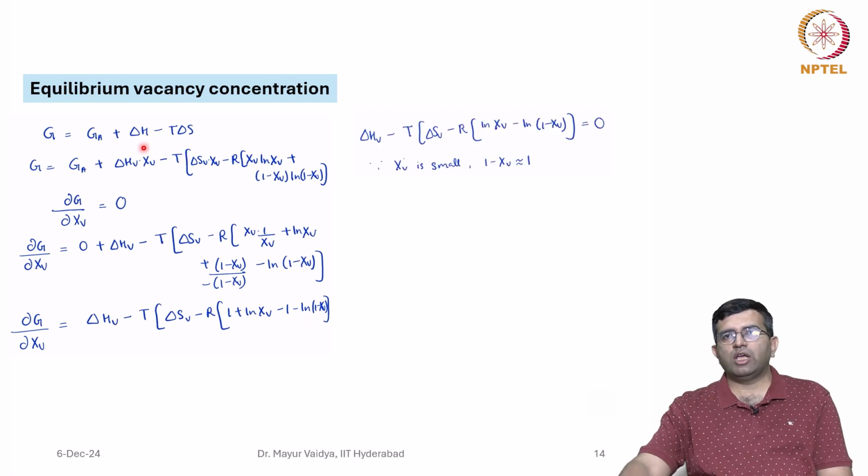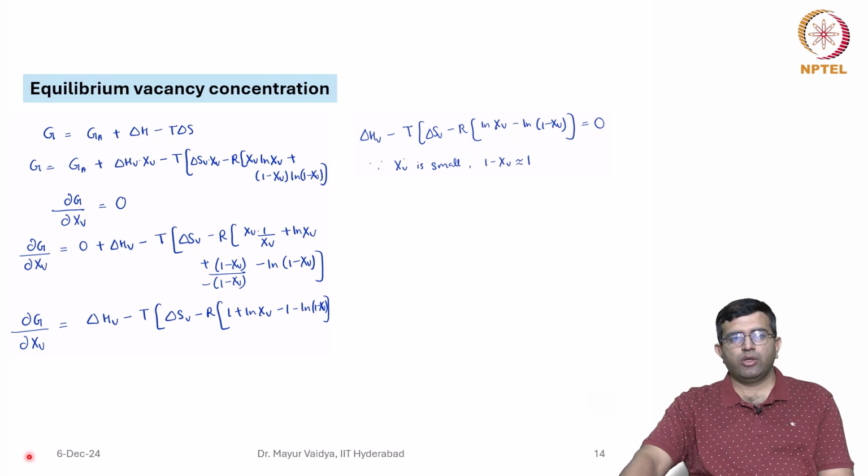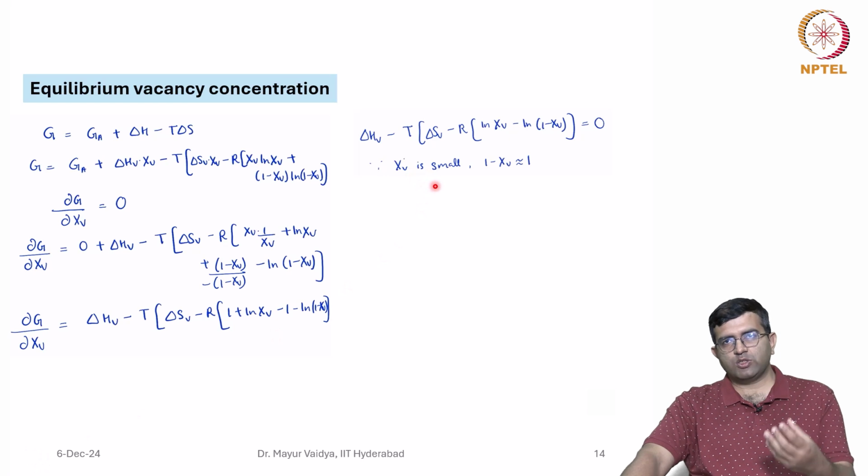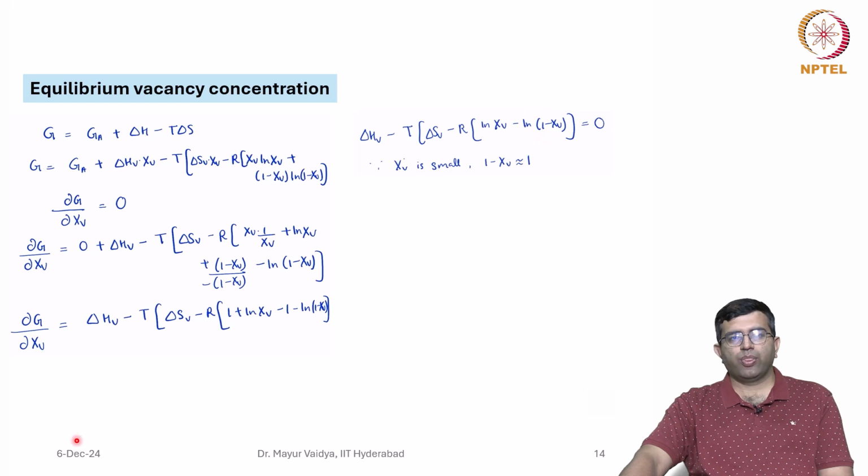A little bit of rearrangement will give you delta H v minus T times delta S v minus R T times ln x v minus ln 1 minus x v is equal to 0. Since the vacancy concentration we assume to be small, 1 minus x v can be assumed to be almost equal to 1. Therefore, ln of 1 is 0, so we can neglect this term.